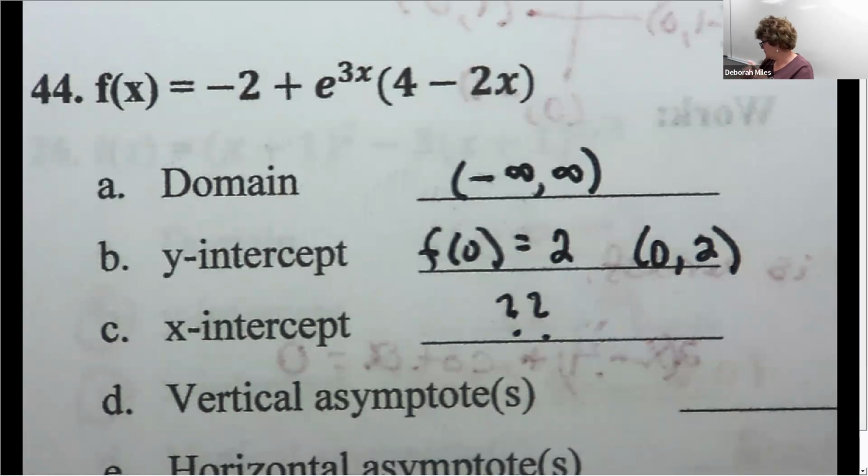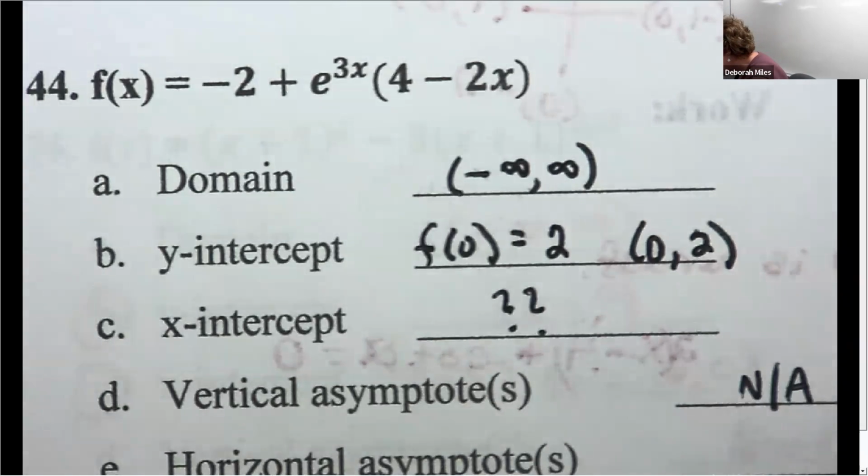Some trig functions, actually all the trig functions except for sine and cosine. And then there's one other big one that has vertical asymptotes. The natural log function has a vertical asymptote. e to the x has a horizontal asymptote, but no vertical asymptote.